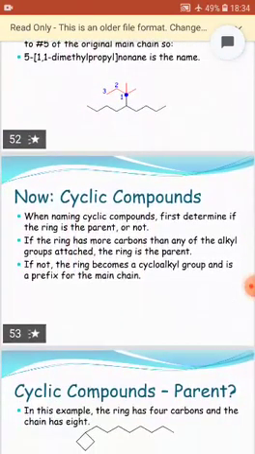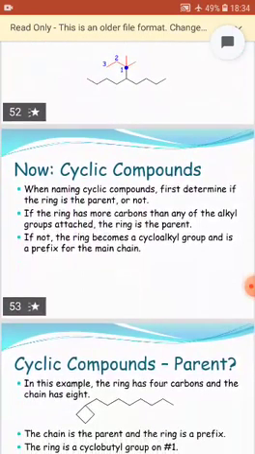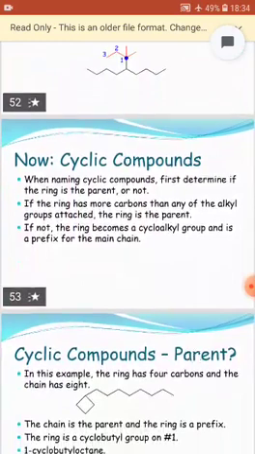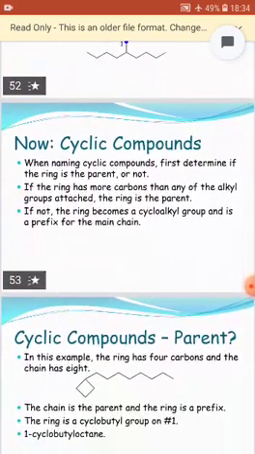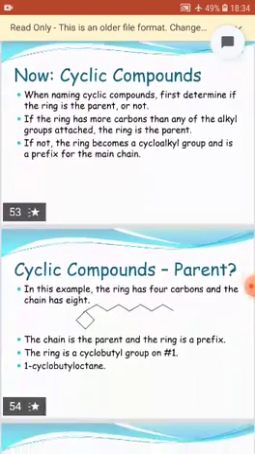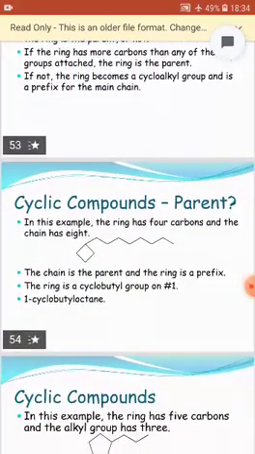Cyclic compounds. When naming a cyclic compound, first determine if the ring is the parent or not. If the ring has more carbons than any of the alkyl groups attached, the ring is the parent. If not, the ring becomes a cycloalkyl group and is a prefix for the main chain parent.